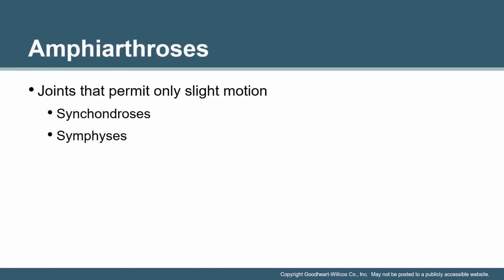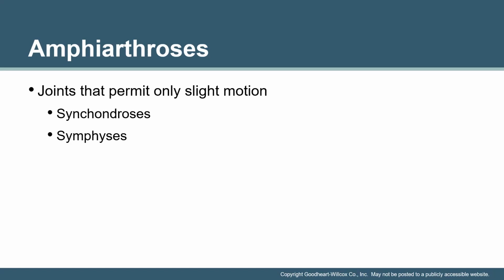Now, an amphiarthrosis, these are joints that are permitted to move a little bit. Okay, within this category, we have a synchondrosis and a symphysis. So a synchondrosis means held by cartilage. Again, this is a great exercise for you to practice breaking apart words so that you can kind of understand what it means.